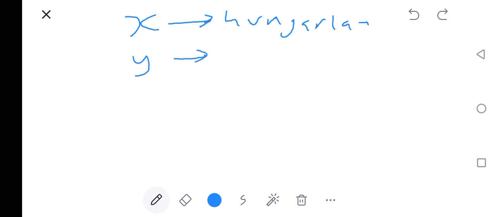In the question, X has been given to be Hungarian. Y has been given to be beef. I love beef sausage. This is the information. Where there is Hungarian, we'll be putting X. Where there is beef, we'll be putting Y.